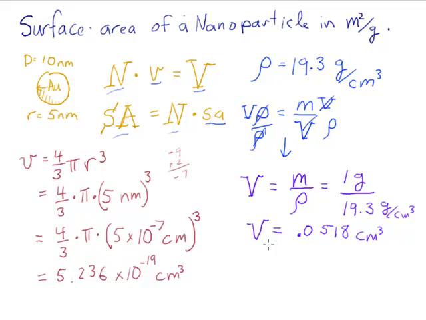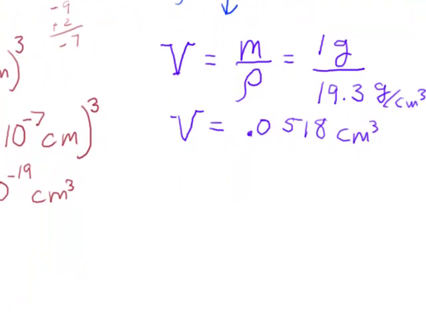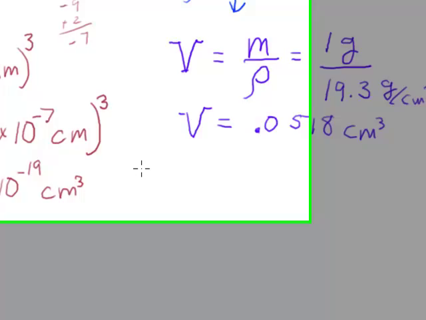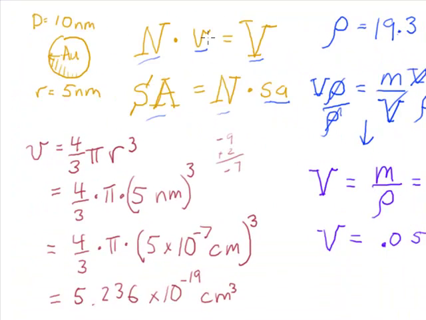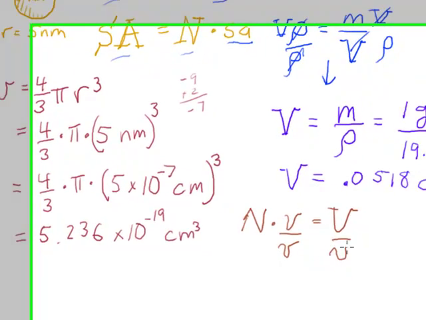So I have my big V and my little v, and now looking at this formula, I'm going to scroll down a little bit. I can rearrange this formula to solve for n. If I have this formula, which is n times v equals big V, all I have to do is divide both sides by my little v.